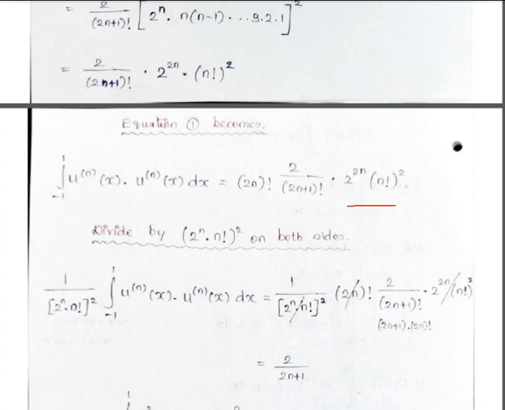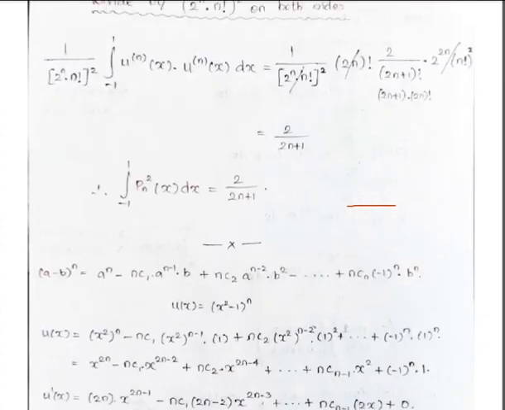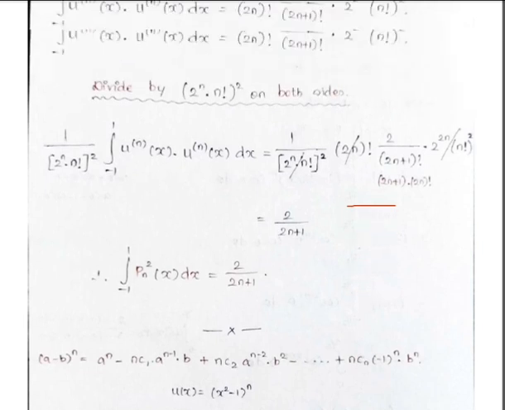What do we get? 1 by 2 power n into n factorial whole square, integral from minus 1 to 1 of this term, equals 2n factorial, 2 by 2n plus 1 factorial, into 2 power 2n n factorial whole square.